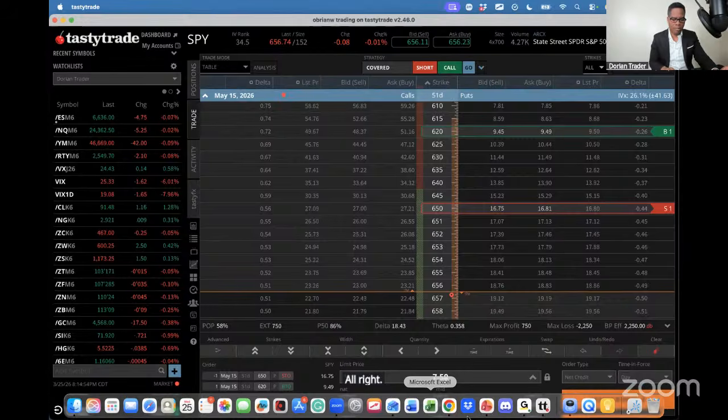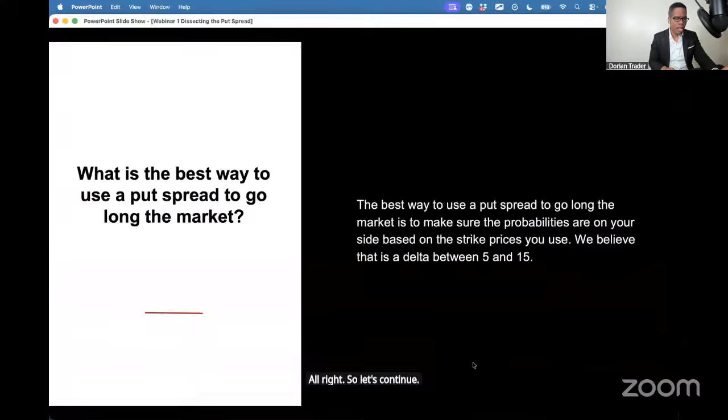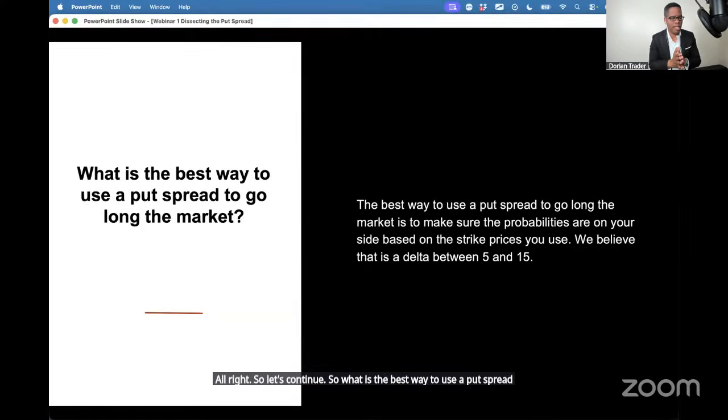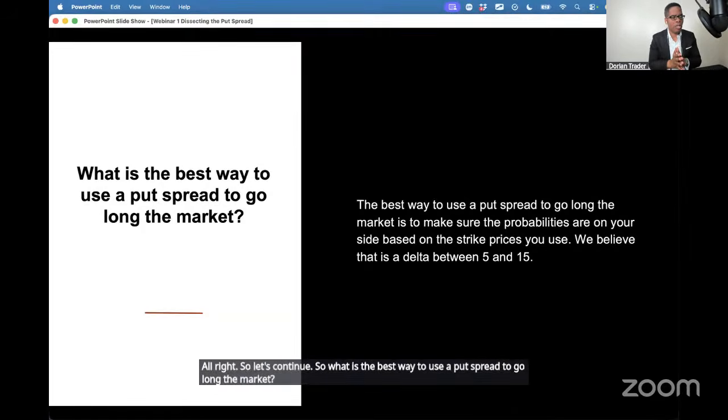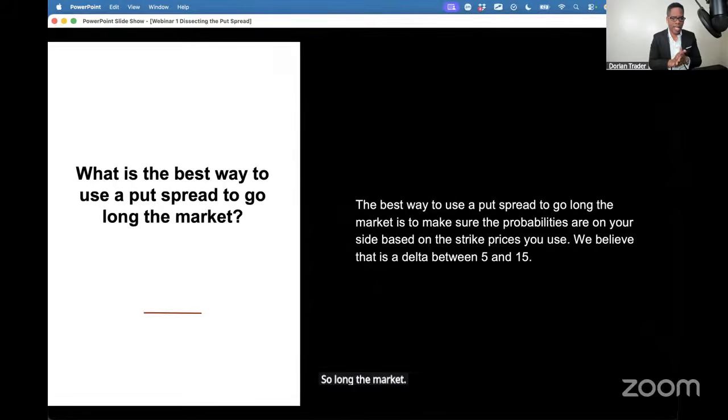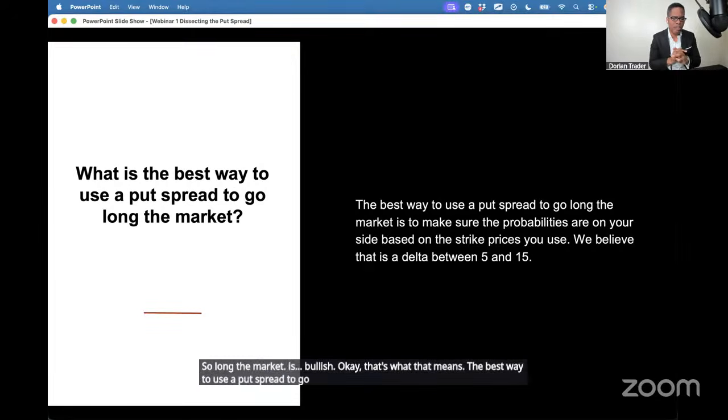All right, so let's continue. What is the best way to use a put spread to go long the market? Long the market is bullish. Okay, that's what that means. The best way to use a put spread to go long the market is to make sure the probabilities are on your side based on the strike prices you use.